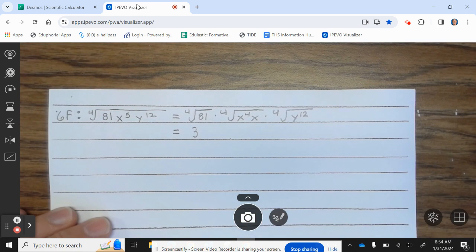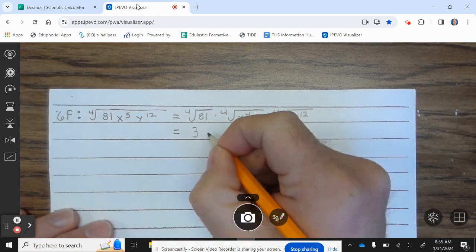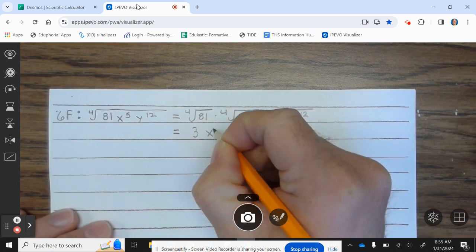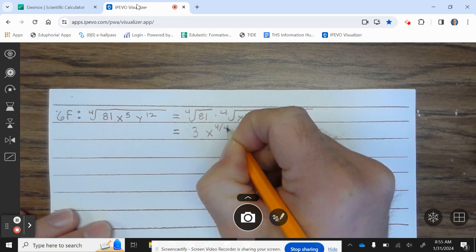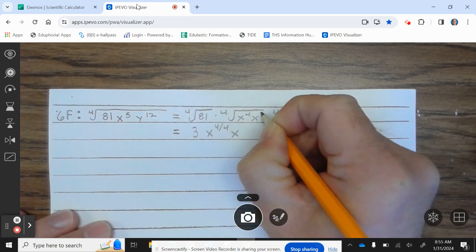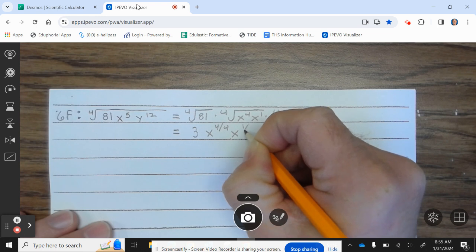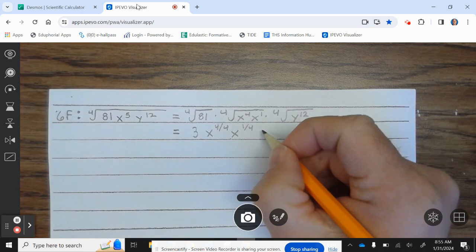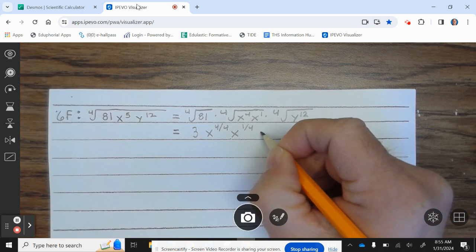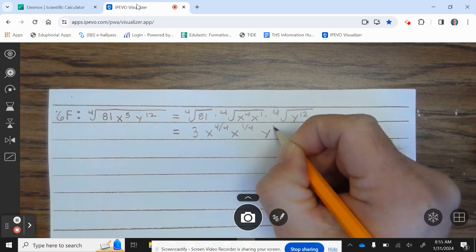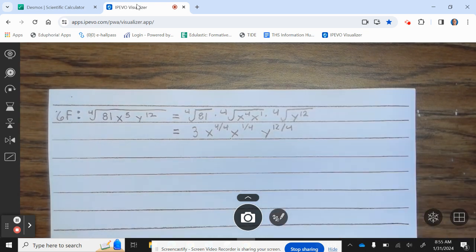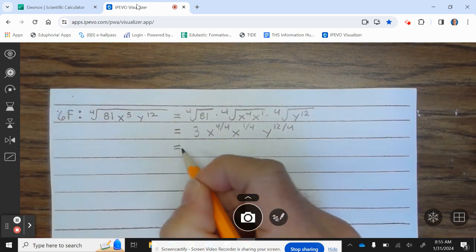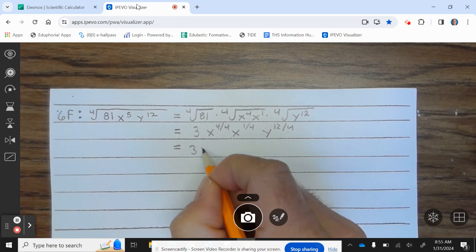So 3 times x to the 4 divided by 4 times x to the, technically a 1, so 1 divided by 4, times y to the 12th divided by 4, equals 3x.